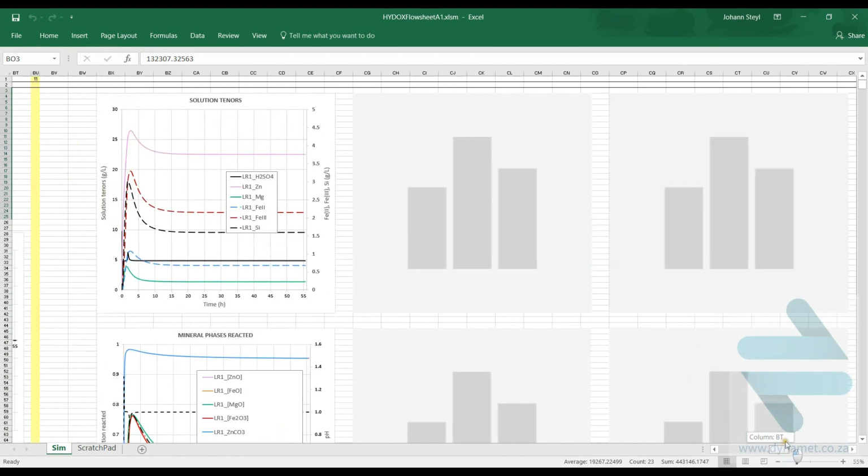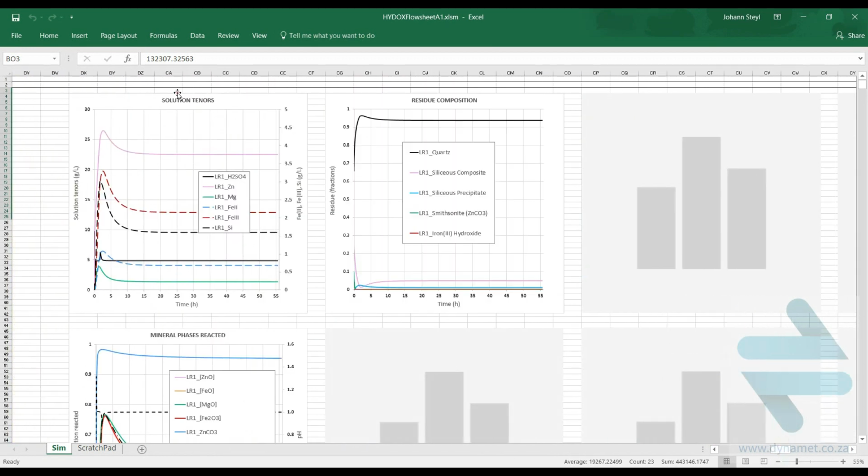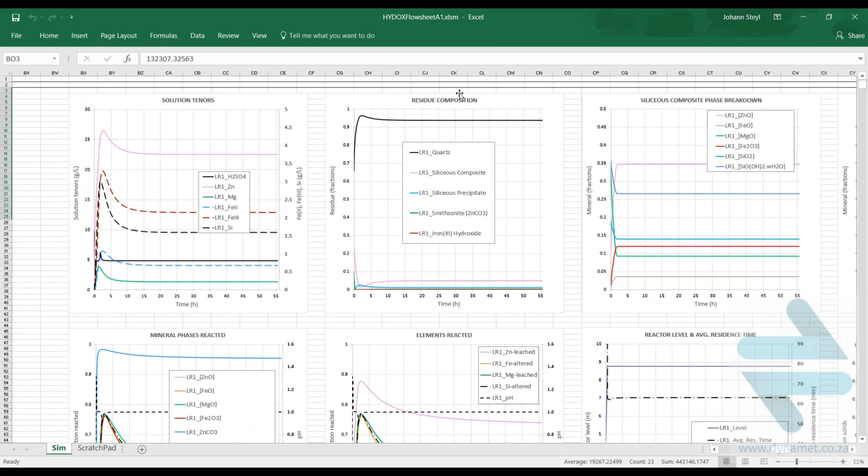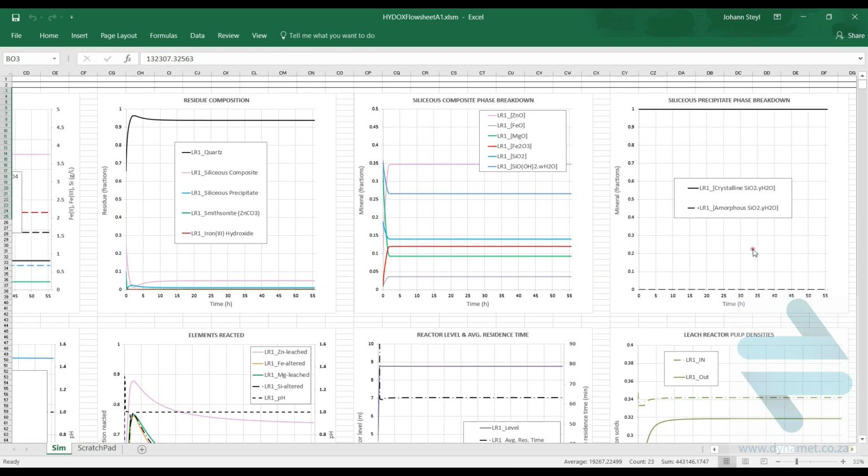Here I've set up plots of the reactor solution tenors, the residue composition, the composite phase mass breakdown, and a fraction of the precipitated silicates that is crystalline as opposed to amorphous, which would be important when connecting this model to a downstream liquid-solid separation blocks.